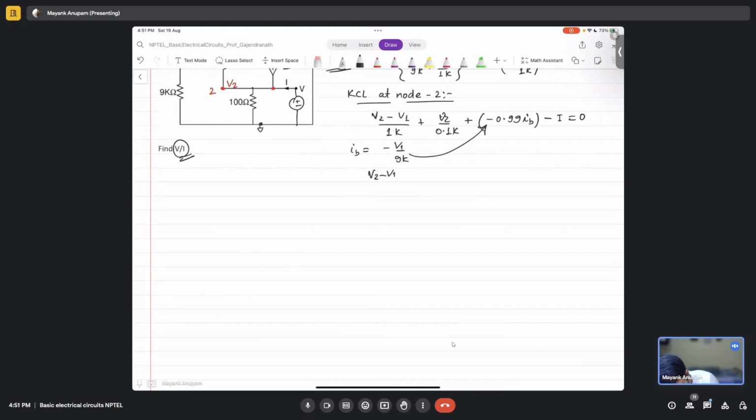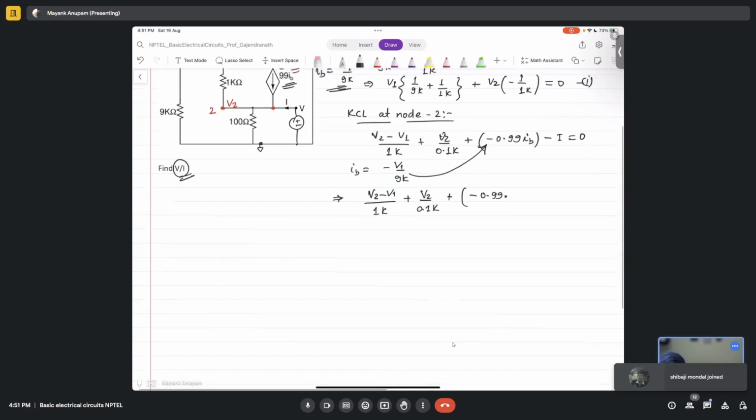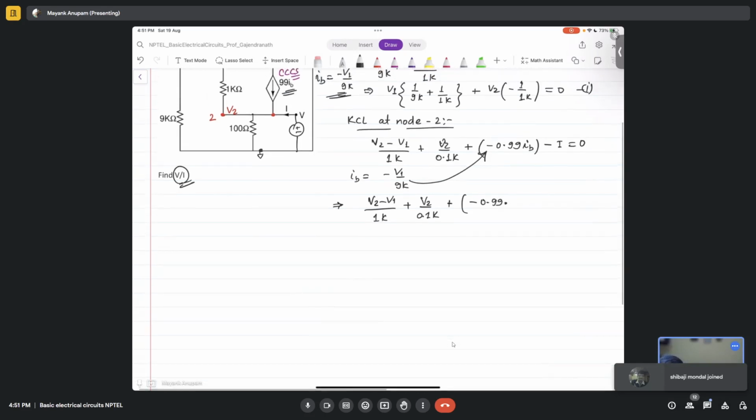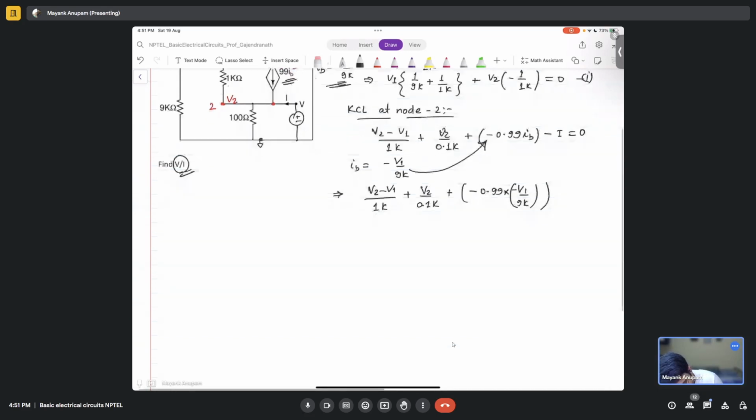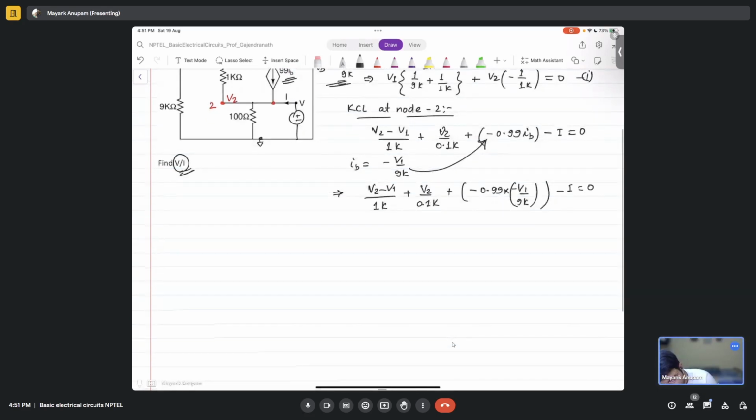So I have V2 minus V1 by 1k plus V2 over 0.1k plus 0.99 into IB, which is minus V1 by 9k, minus I equal to 0, right?